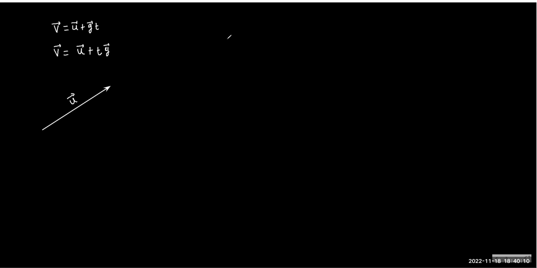Try to see the GT vector growing in length, and try to see the V vector at the same time. Tell me what you are seeing, how the direction of the V vector is changing.